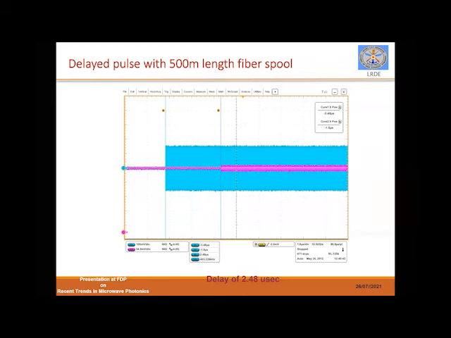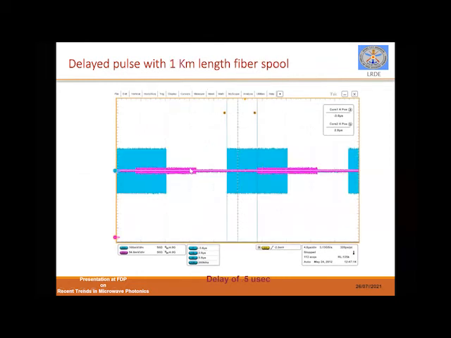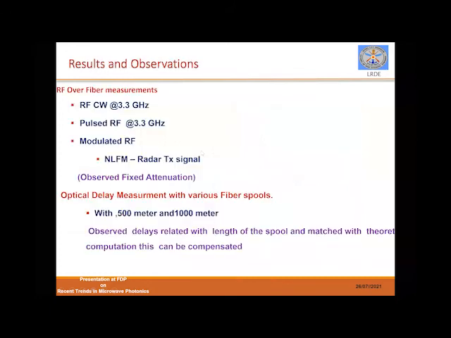With a 500-meter fiber spool, you can see one is the input signal and the other is the output signal, cyan and magenta. In this case multiple pulses are given, so you can see that there is a delay.